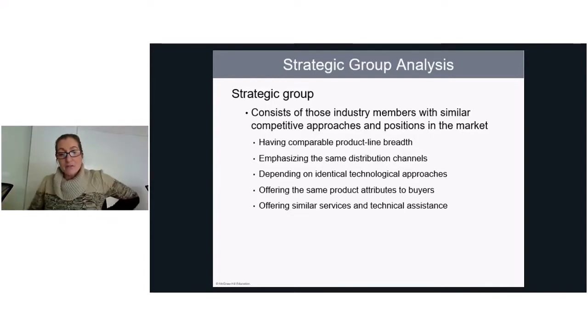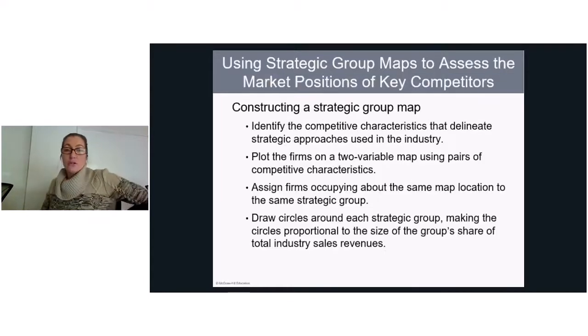And the same goes with services. But one way to differentiate is through service augmentation, through offering a higher level of service orientation in order to do better than the competitors. So we use strategic group maps to assess the market positions of key competitors.